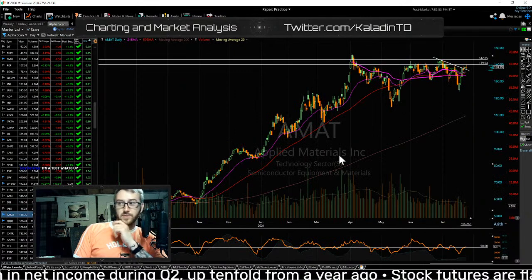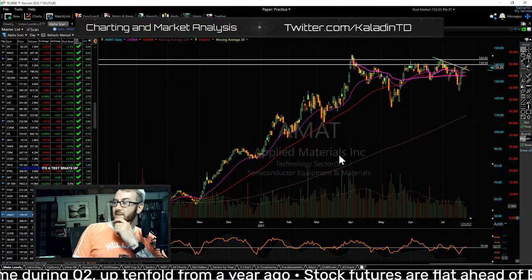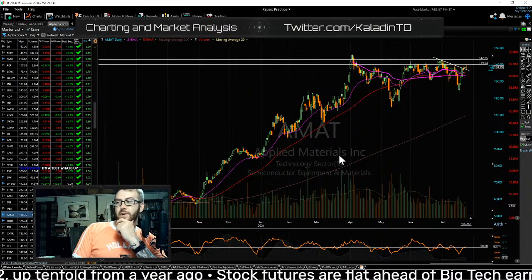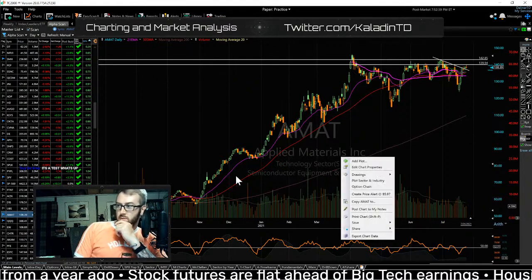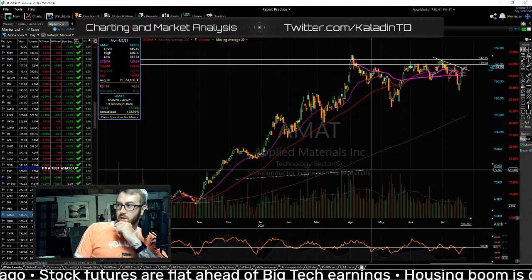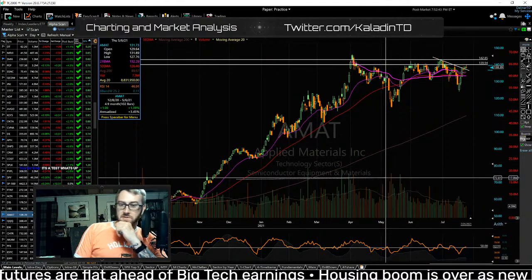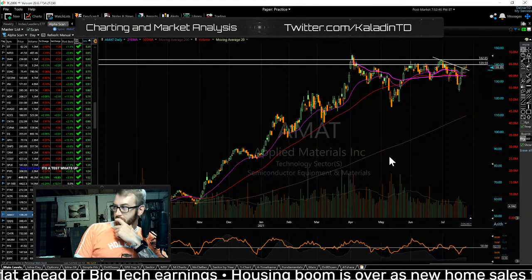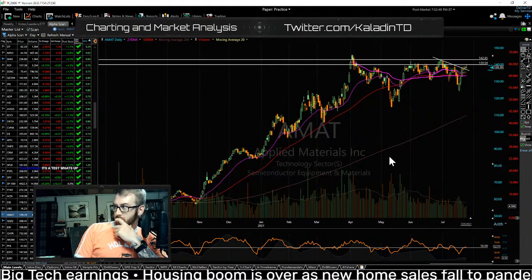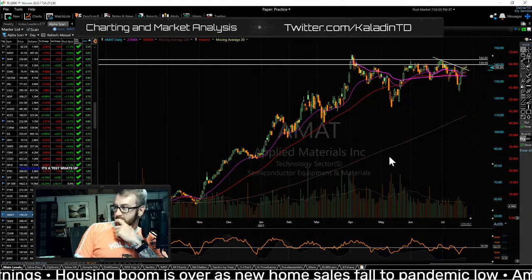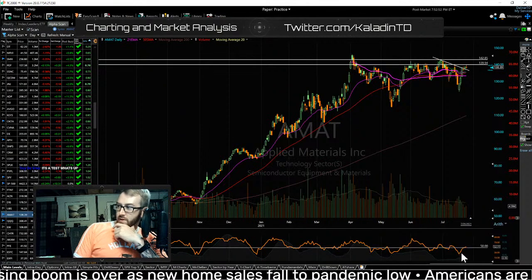AMAT's been fighting this resistance for a while. I think they do semiconductor equipment and materials. RSI is back above 50.